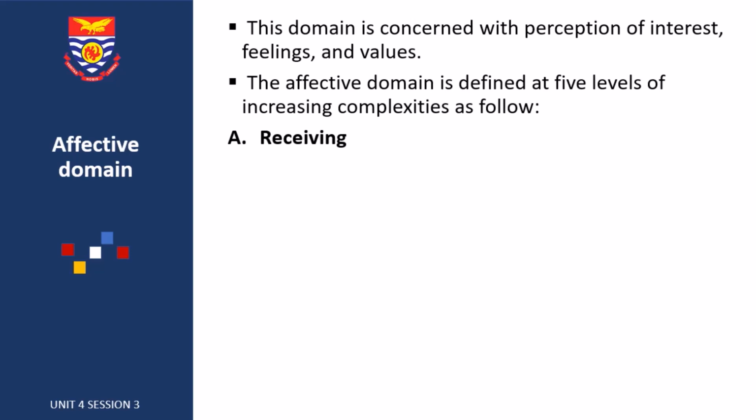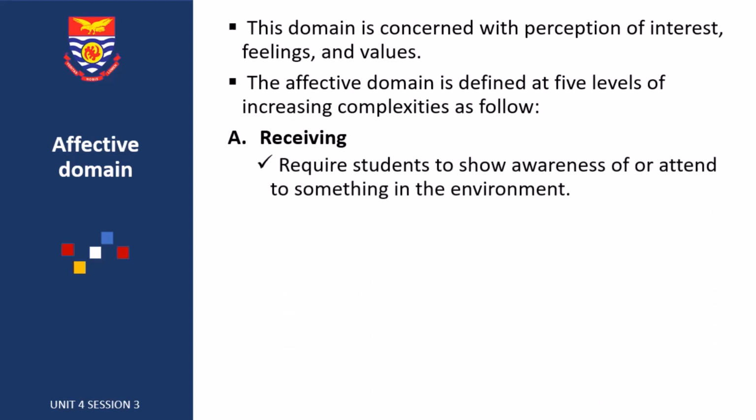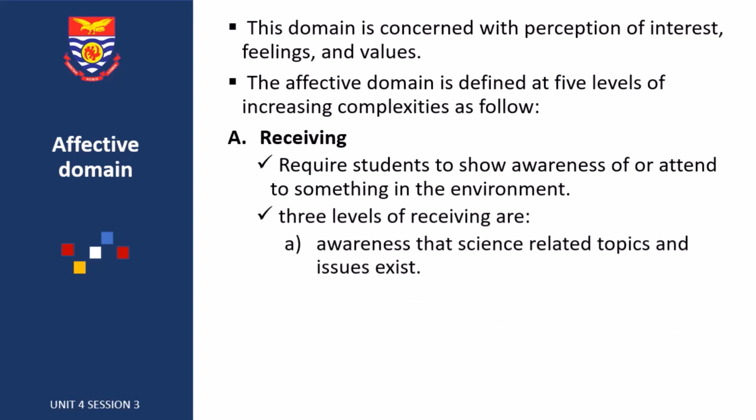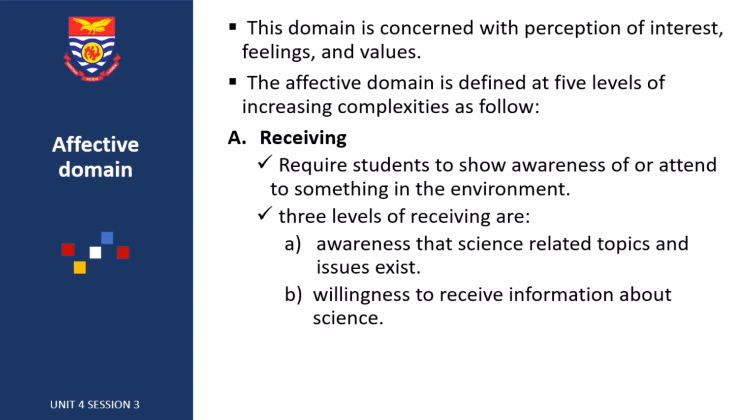Receiving. So you may have receiving objectives, which requires students to show awareness or attend to something in the environment. The receiving objective also has 3 levels, and they are awareness that science-related topics and issues exist, willingness to receive information about science, and selective attention to science topics.